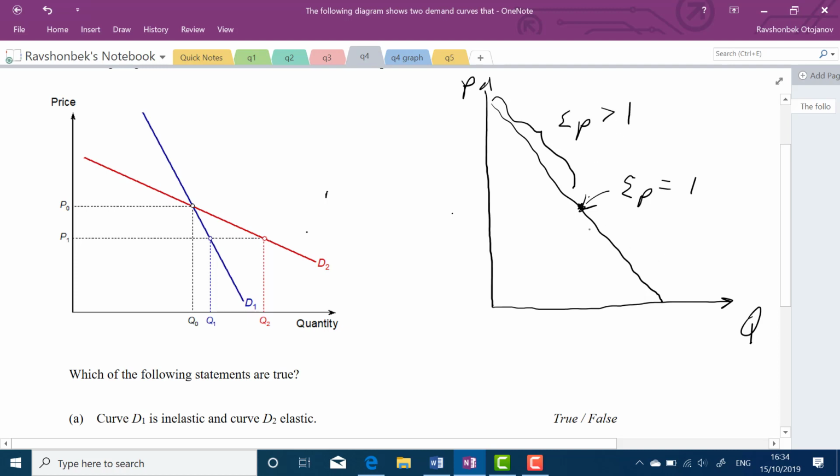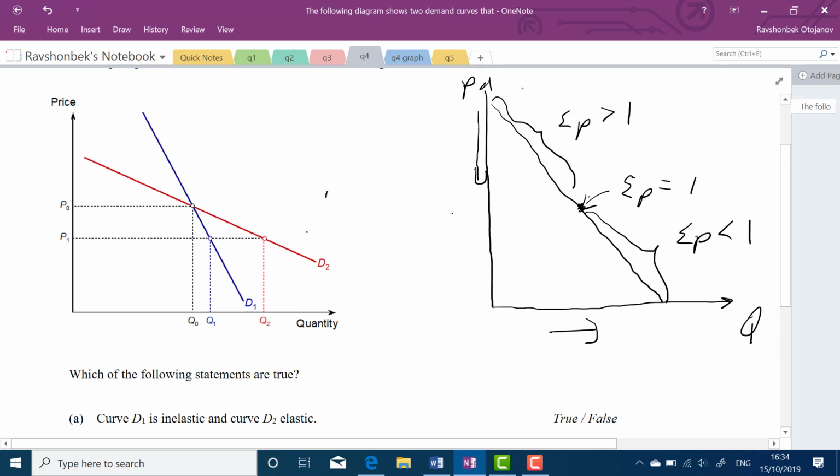And in this section here, elasticity is less than 1. That happens only in a straight line curve. So we cannot really say elasticity between them. Along the straight line curve, elasticity changes as we move from this section to this section.